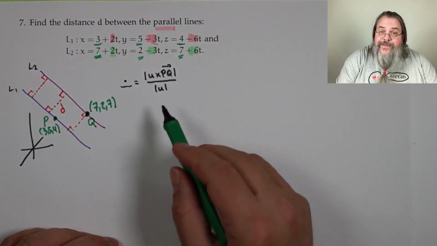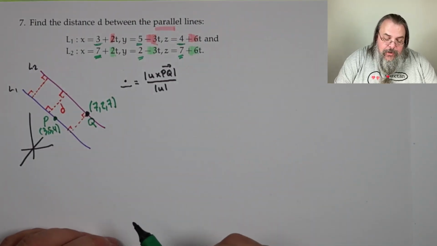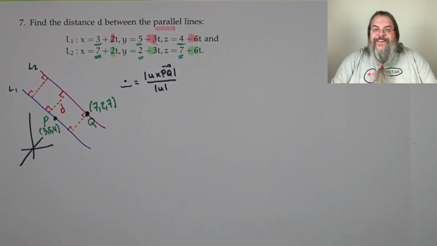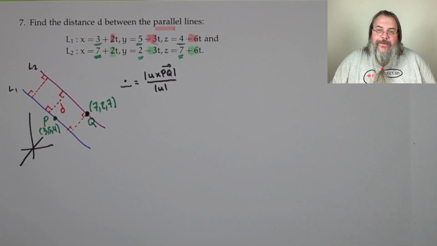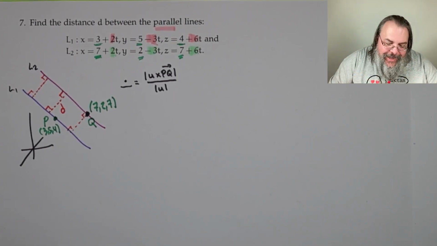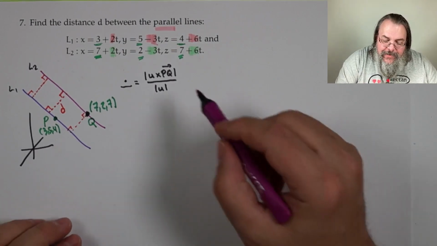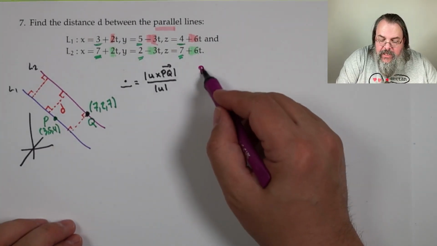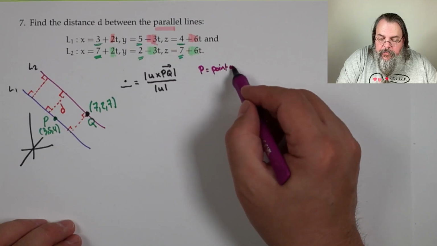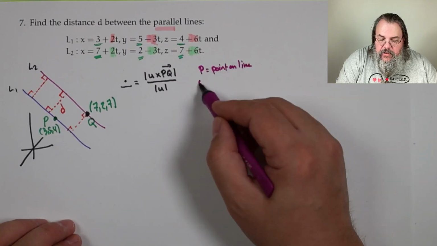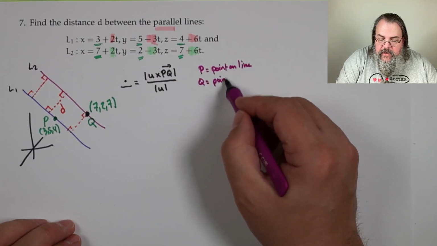Now, what's U? Well, that sounds like a philosophical... oh, no. What's the vector U? Oh, yes, the vector U. Sorry, that's not the U yourself, U. Okay, the vector U is the direction vector of the line. So P is a point on the line. We'll make some notes here. Q, point off line.